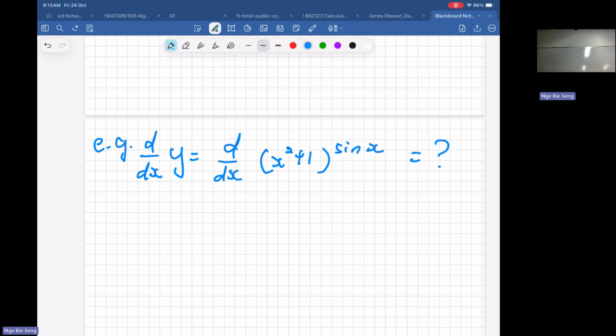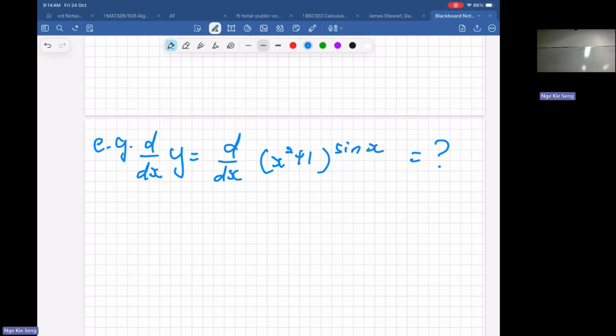But if you take the power -1 or 1, does it change your sign? What is power -1? It's just the reciprocal, right? So you won't change your sign. And x squared plus 1 is always positive, so this whole thing is always positive. So you can do logarithmic differentiation.